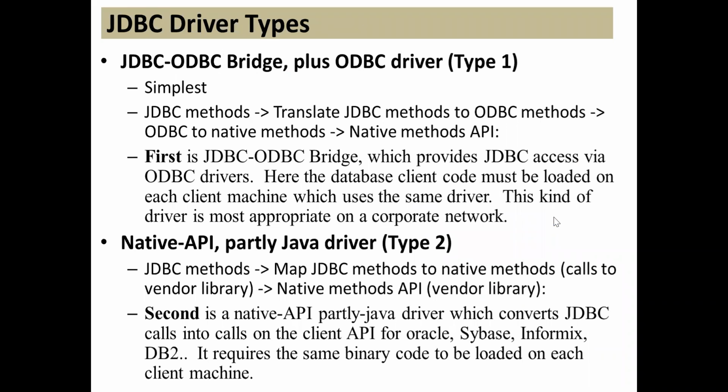Once the JDBC method is translated to the ODBC method, because we need a connection bridge between JDBC and ODBC, the native method of ODBC will be created, and then we create the native method of the API.